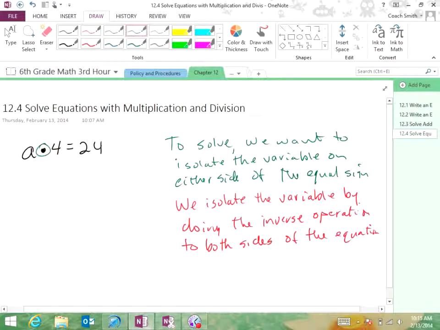Okay, so here is multiplication. So I just rewrite that part of the problem. A times 4, then I do the inverse. Divided by 4 equals 24 divided by 4.